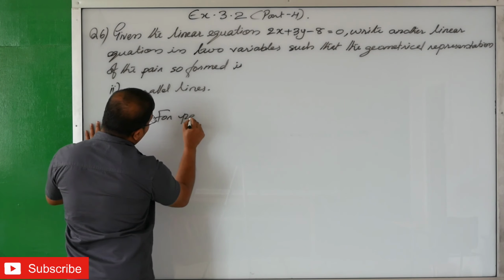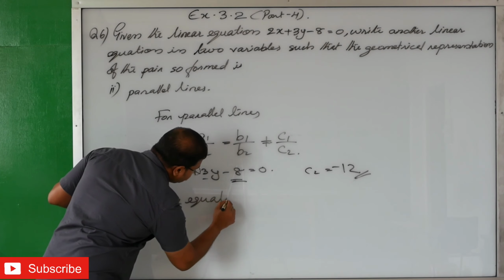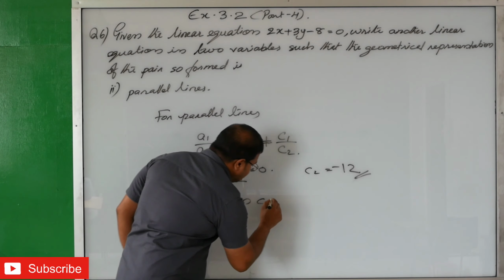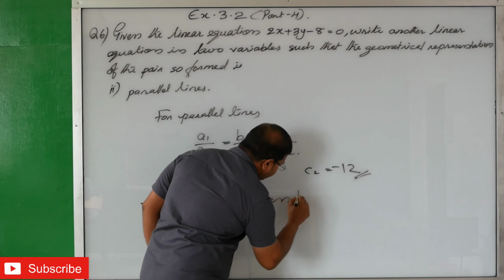Therefore, the equation can be taken as, first and second will not change, only the third part. That means 2x plus 3y minus 8, we will write minus 12 equal to 0. Therefore, the required equation is 2x plus 3y minus 12 equal to 0.